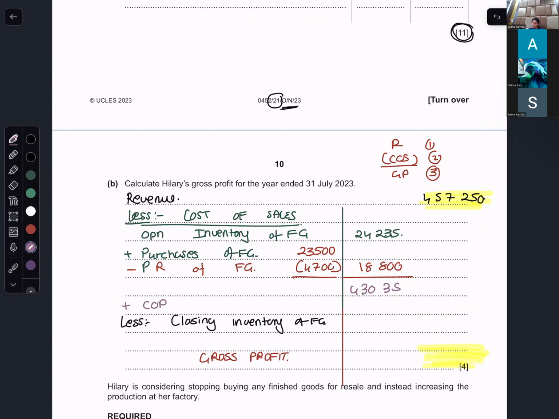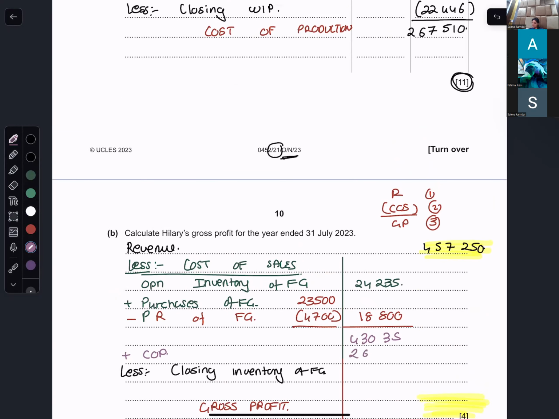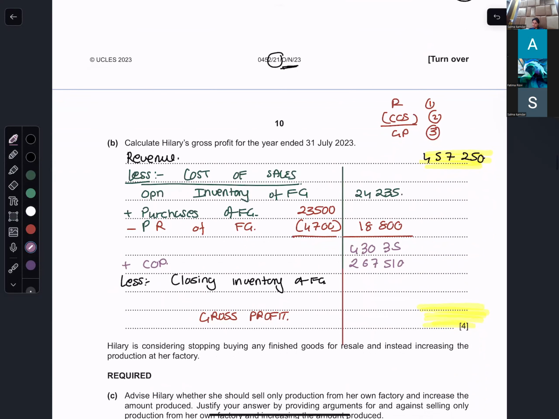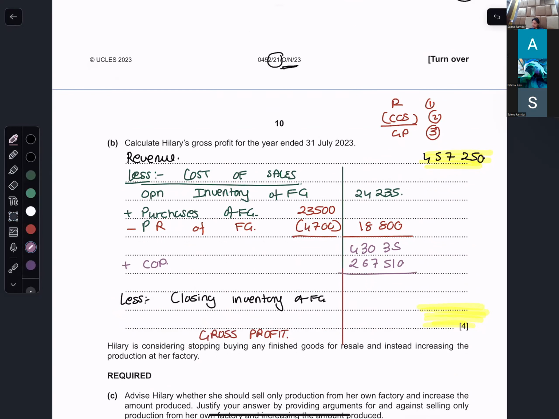Add cost of production, plus 267,510. That is 310,545, minus closing inventory of finished goods, 25,110.